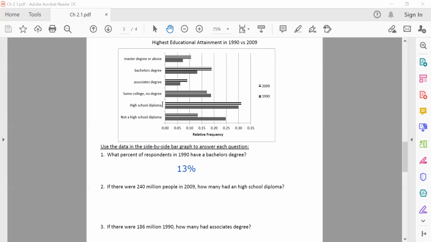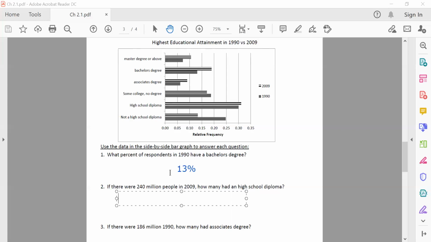But there's also another silly way to get around that. We can just look at the number of people who don't have a high school diploma. And so in 2009, the number of people who didn't have a high school diploma, well, just by random chance, that happens to also be about 0.13 or 13%.